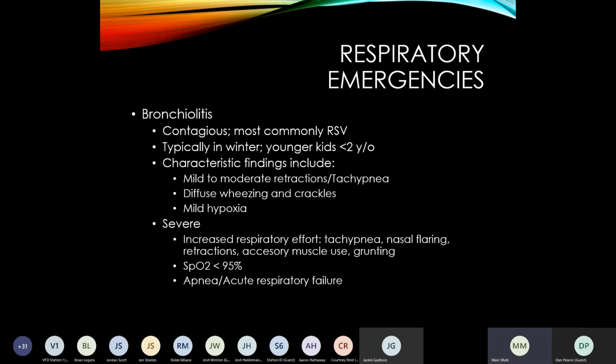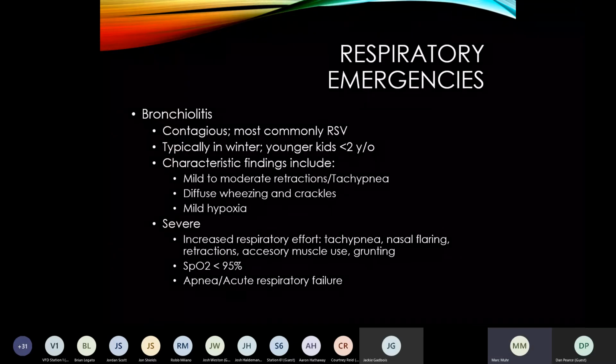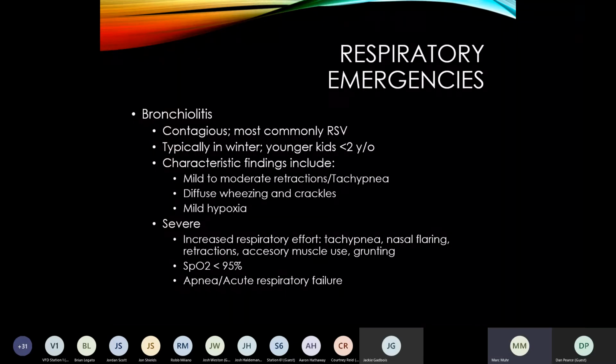Okay, bronchiolitis, most commonly respiratory syncytial virus. It typically happens in winter, especially in daycare situations, although I would guess that cases of bronchiolitis might decrease with all the COVID precautions, hopefully.